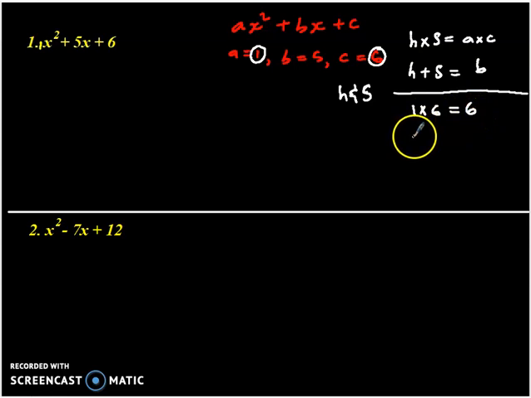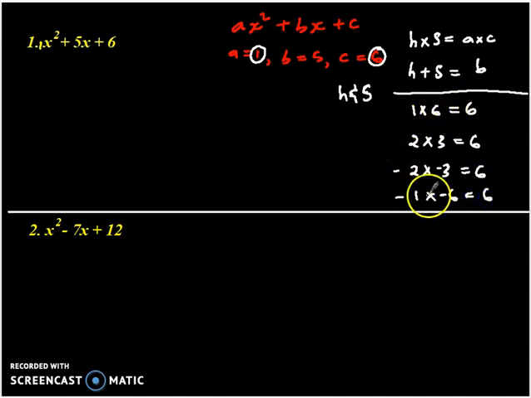We also have 2 times 3 equal to 6, negative 2 times negative 3 also equal to 6, and negative 1 times negative 6 is also equal to 6. So we should choose two of these numbers that will multiply to give you 6 and also add to give you b, which is 5.